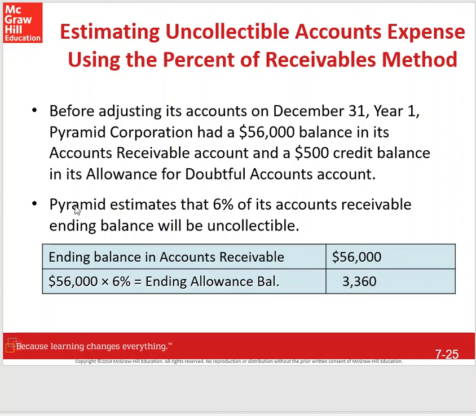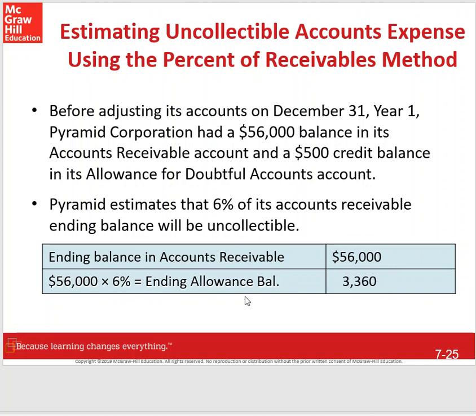And they're telling us here that Pyramid estimates that 6% of its accounts receivable ending balance will be uncollectible. So they just take that ending balance, 56,000 times 6%. And when we compute that, we get 3,360.